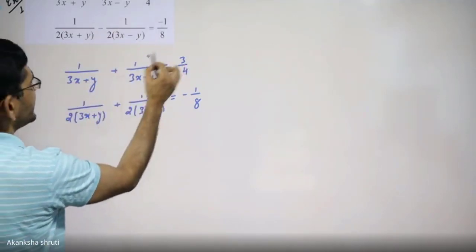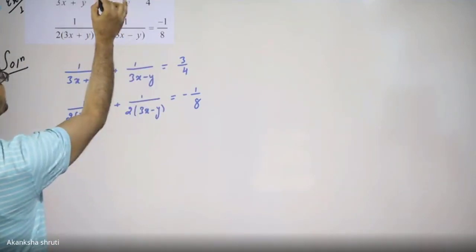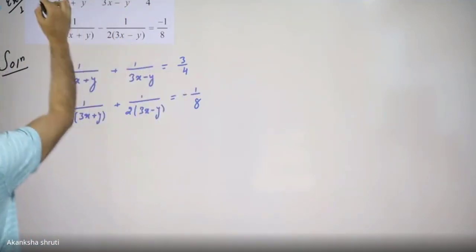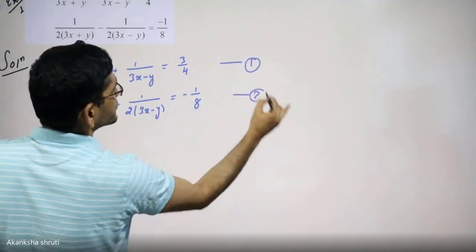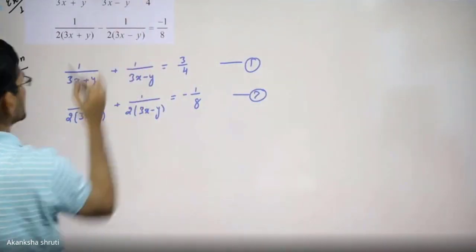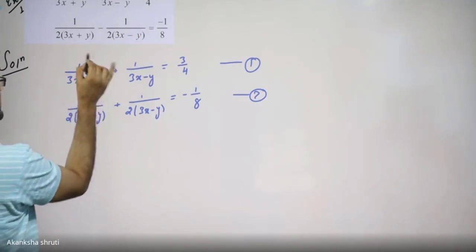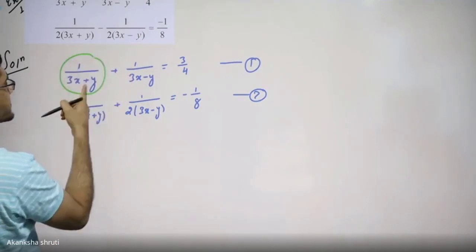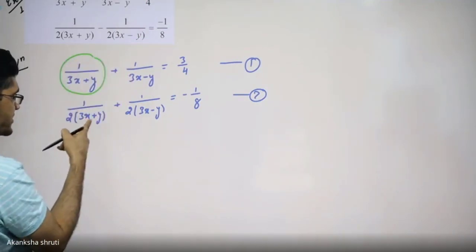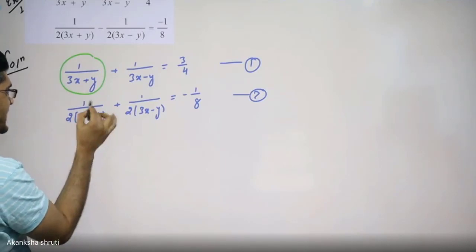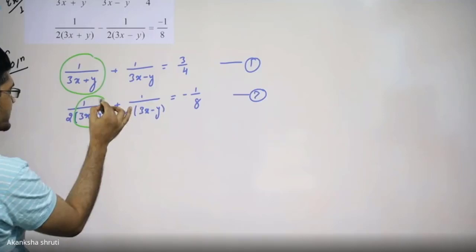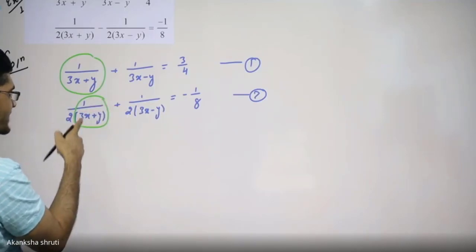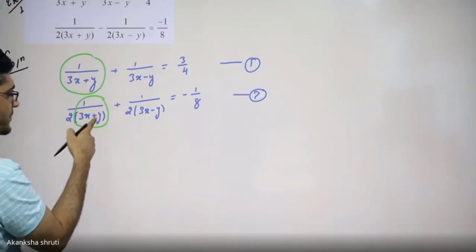Students, observe carefully. What is common to equation 1 and equation 2? Assume this as equation 1 and this as equation 2. What is common to both? 1 by 3x plus y. Whether this is present in the second or not? Yes, it is present. It is 1 by 2 multiplied by 1 by 3x plus y.